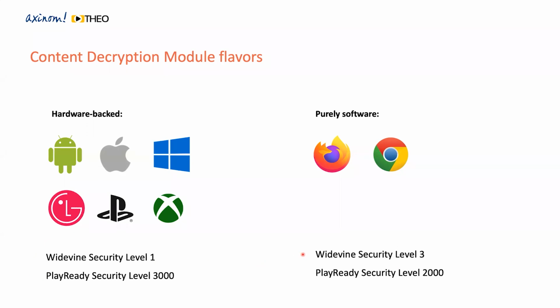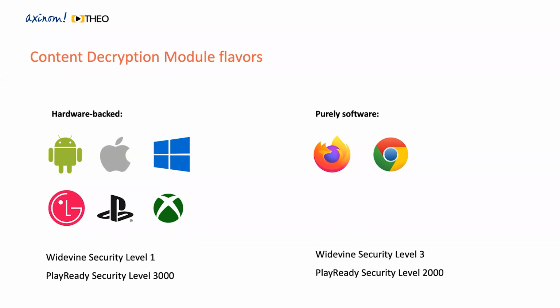Whereas there are also pure software-based content decryption modules on devices, and they have Widevine Security Level 3 and PlayReady Security Level 2000. The purely software-based are typically less trusted than the hardware-based because they're a little bit easier, well, easy is probably not the right word here, but yes, less hard to attack than a hardware-backed content decryption module.